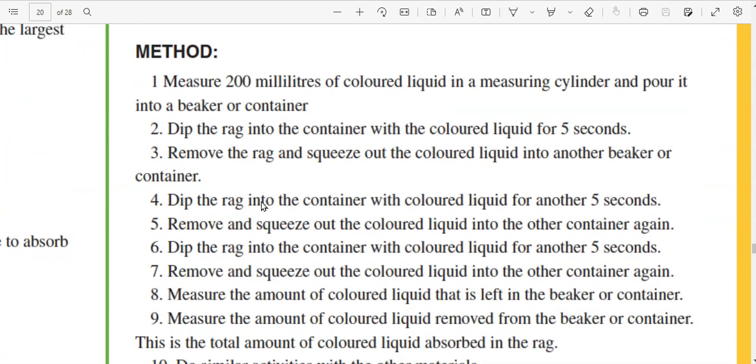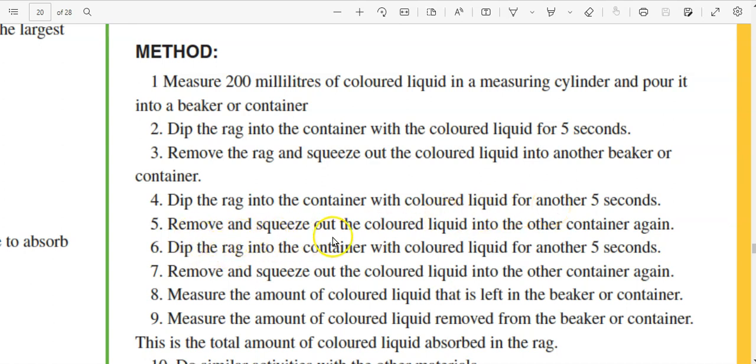Measure 200 milliliters of colored liquid in a measuring cylinder and pour it into a beaker or container. 2. Dip the rag into the container with the colored liquid for 5 seconds. 3. Remove the rag and squeeze out the colored liquid into another beaker or container.